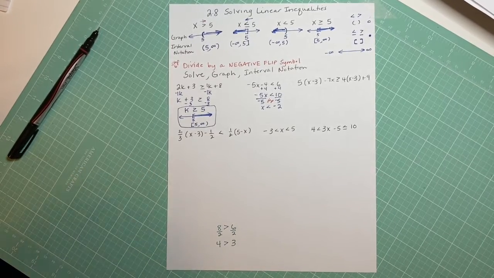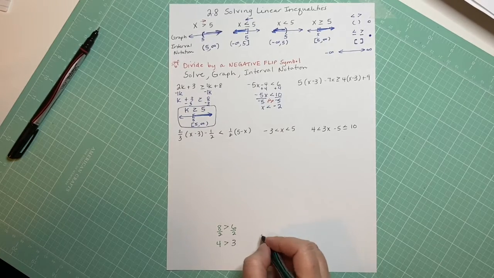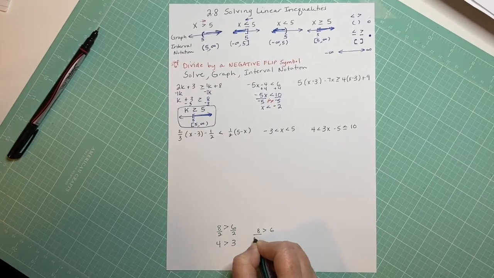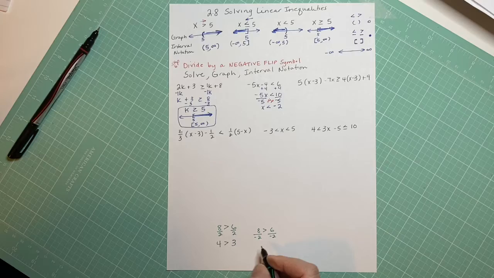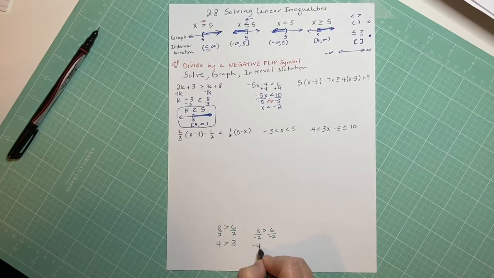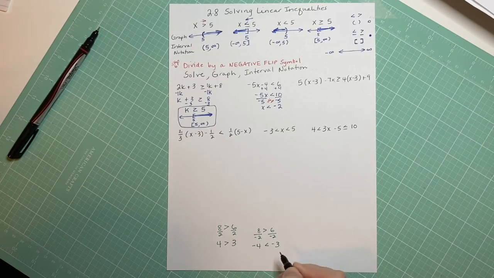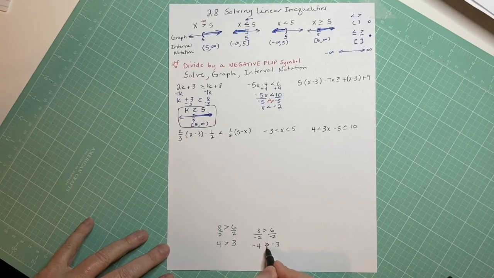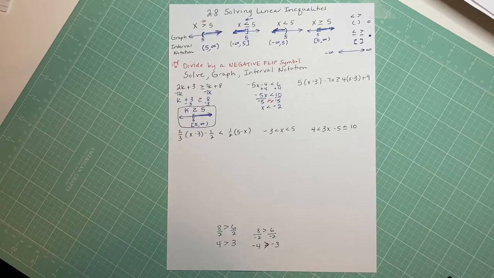So when you divide by a positive, nothing changes. But what if I have the same problem, 8 is greater than 6, and I divide by negative 2? When you divide by negative 2, I get a negative 4 is less than a negative 3. And that's not a true statement. Negative 4 is greater than negative 3.